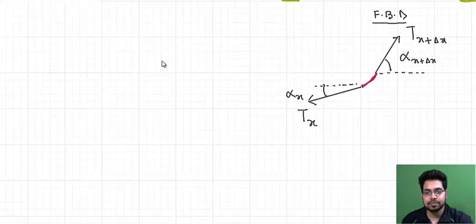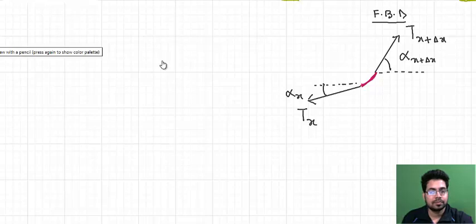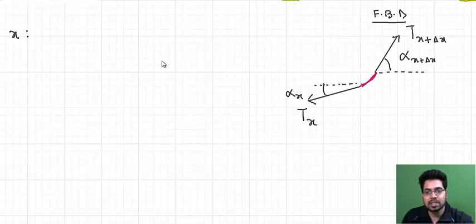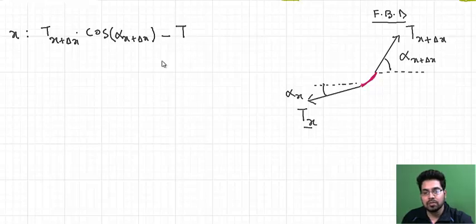So in the x direction, since it is in equilibrium, I can write T at position x plus delta x times cos of alpha at position x plus delta x, minus T at x times cos alpha at x, the x component of this tension, and this equals 0.